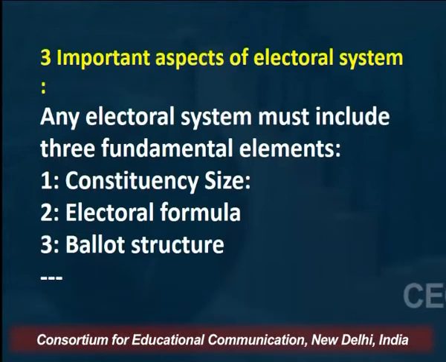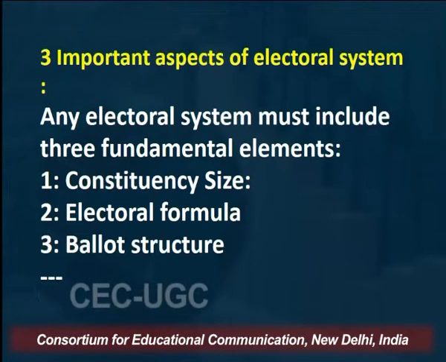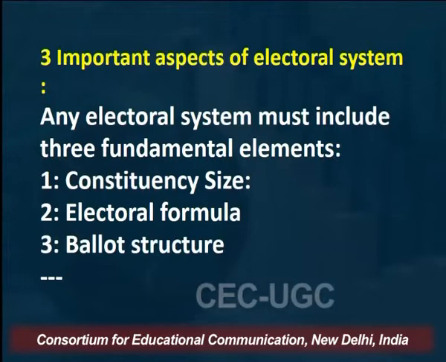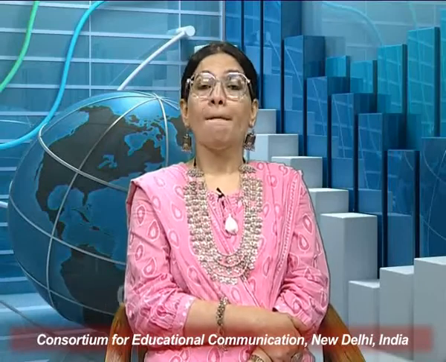What are they? Constituency size, electoral formula, and ballot structure. The three main types of electoral systems that we will be looking at are plurality electoral systems, majority electoral systems, and proportional representation.